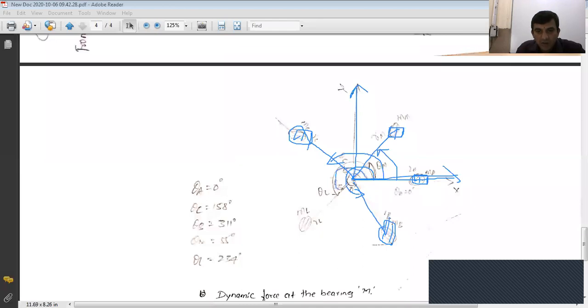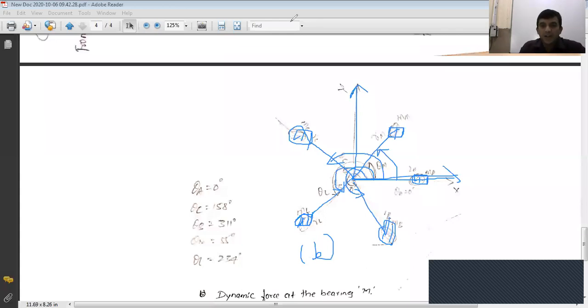Then you'll get theta L. Now, this is the actual, corrected figure B. That is the angular position of rotating masses, right?